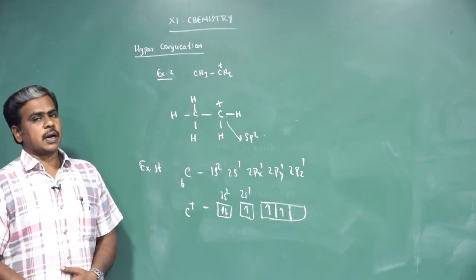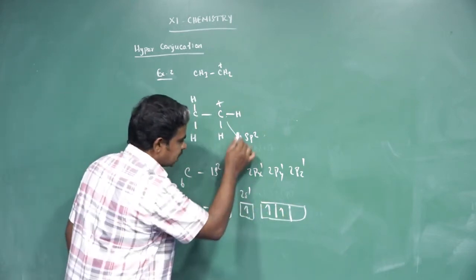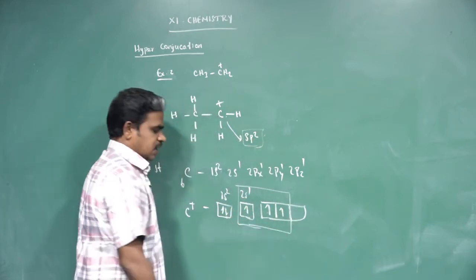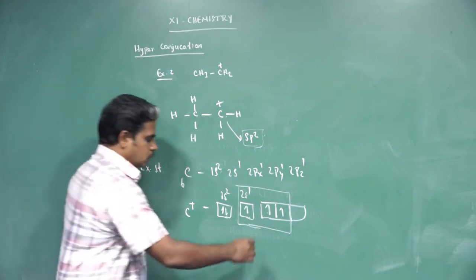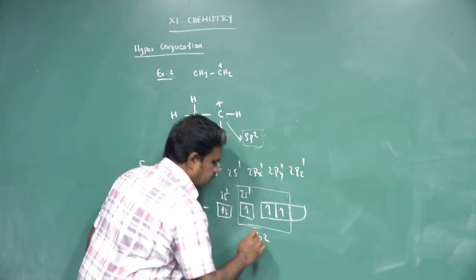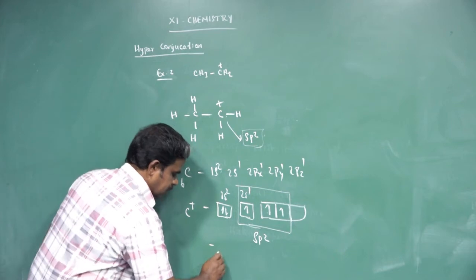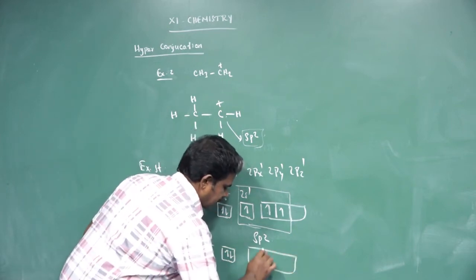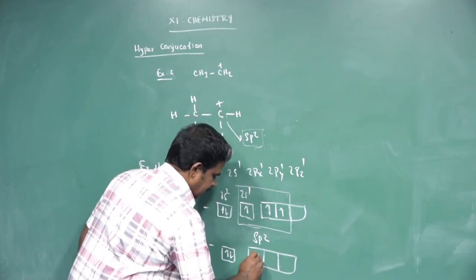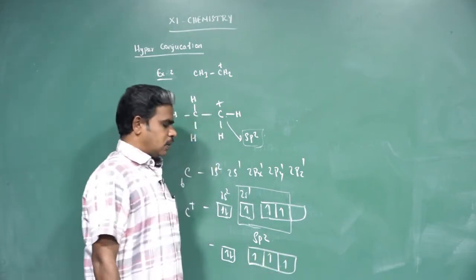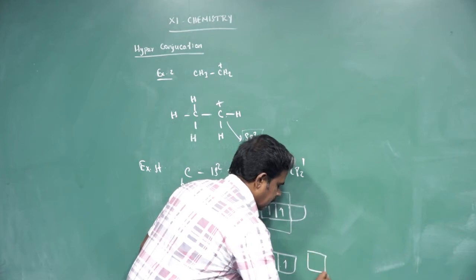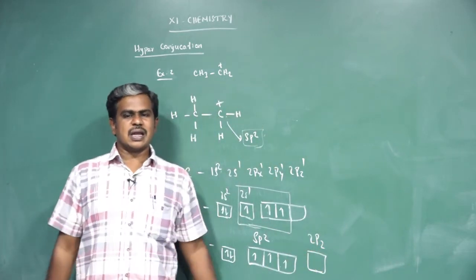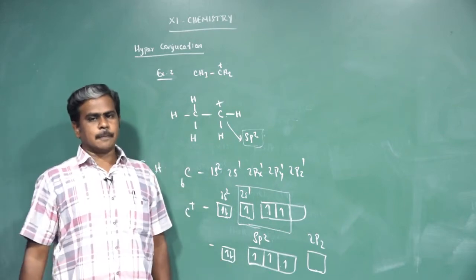Now it will undergo hybridization. So what is the hybridization here? It is sp2 hybridization. So here it is 1s2 and the sp2 hybridized orbitals are 3, with 1 electron each, and here it is the 2pz orbital, which is vacant or empty.